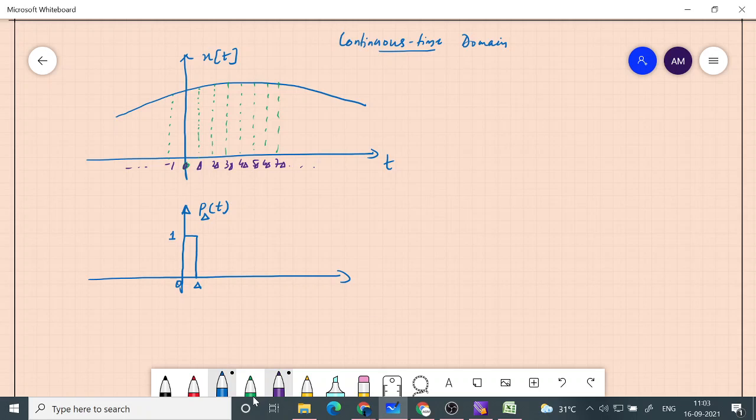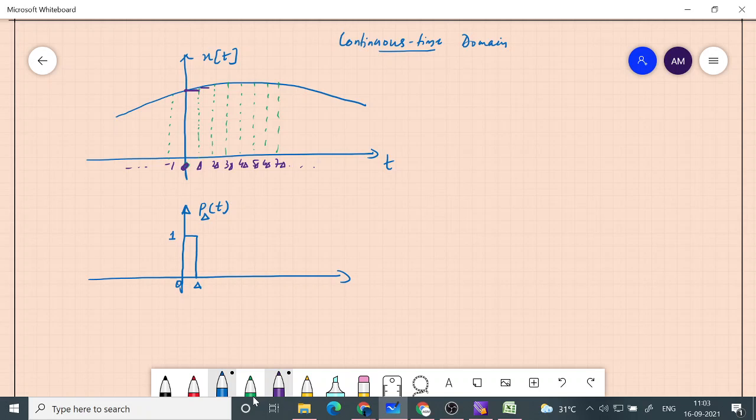Then at the beginning of the slice, the amplitude is actually varying, but I look at the value at the beginning of the slice, and I take the same value throughout the slice width.